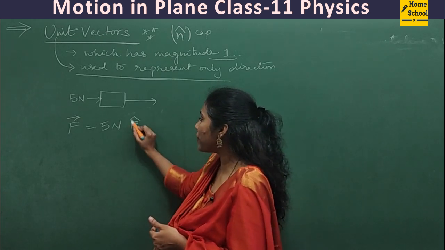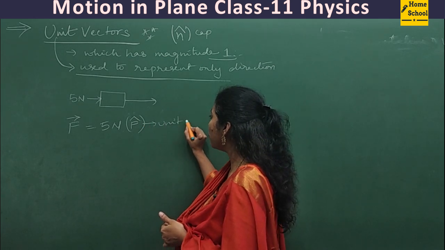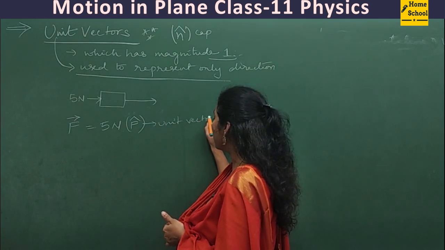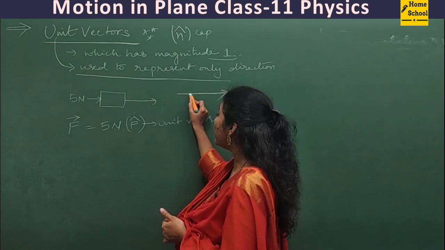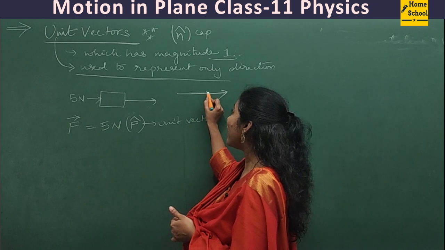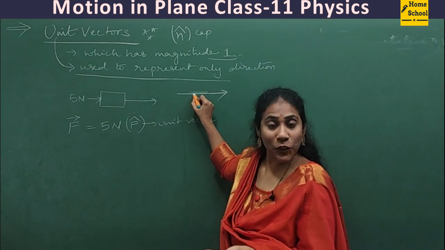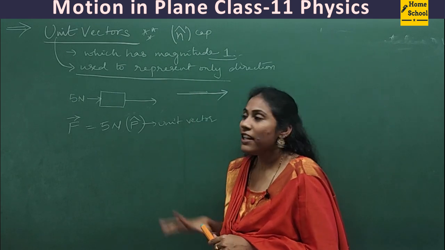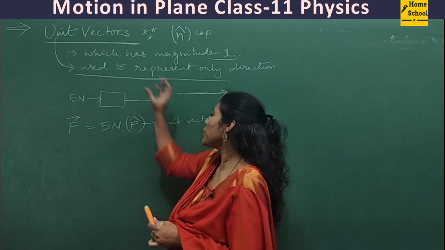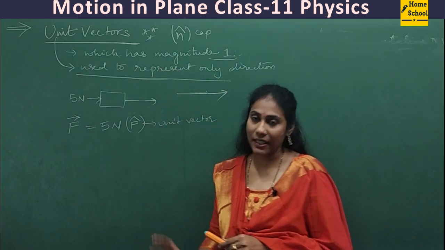So what is this F cap? Unit vector. Actually this is a force vector, and the unit vector is a small vector which is hidden here. It doesn't have anything to do with magnitude. It only tells about the direction. So to represent the direction, a unit vector is used. That's what you will have to understand basically.